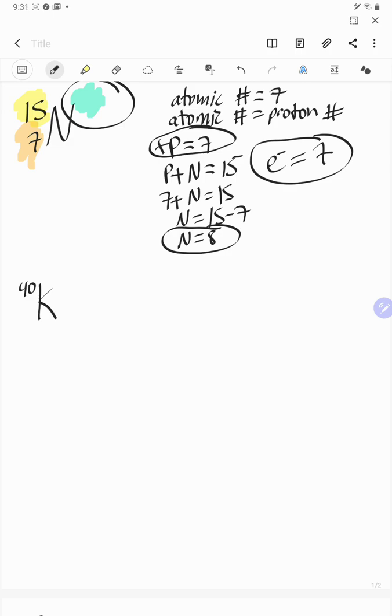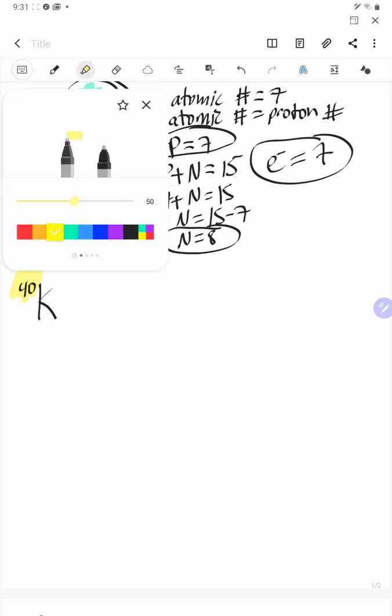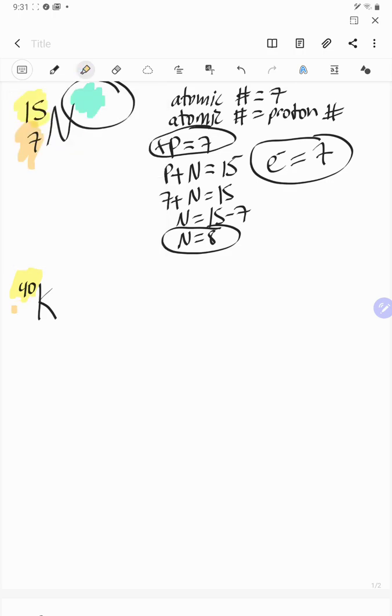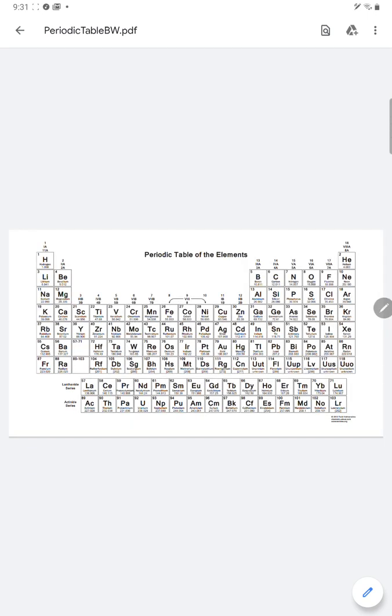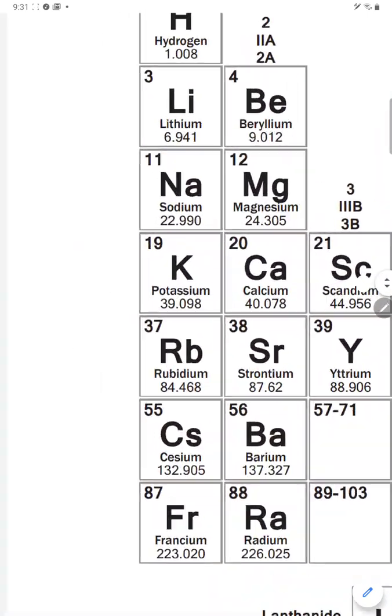All right, next, let's do this example with potassium 40. Here, I'm giving you a little bit less information. We have the mass number here, 40, but we are not given the atomic number. But if you remember, we can find that somewhere. So let's take a second and go to our periodic table, and we're going to zoom in on potassium here.